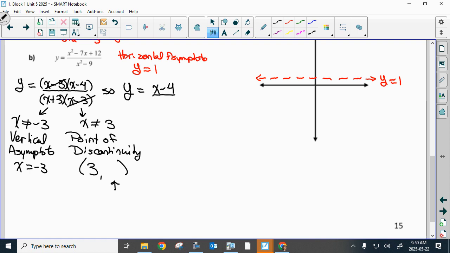Guys, even after you simplify, your horizontal asymptote still indicates y equals 1. So if you do your horizontal asymptote before you simplify or after, it's still y equals 1. It's not going to change.